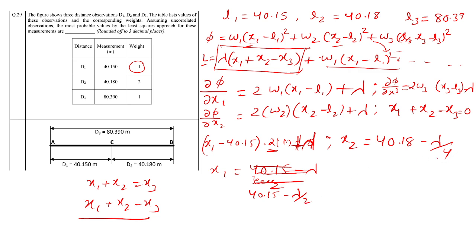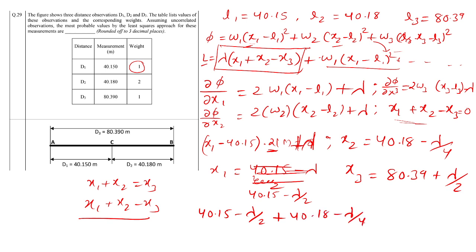X2 is by 4 because of weight 2 here, it will become 4, and x3 will be 80.39 plus lambda by 2. From this we also know this fourth equation we'll be using. So x1, that is 40.15 minus lambda by 2, plus x2, 40.18 minus lambda by 4, equal to x3, equal to 80.39 plus lambda by 2.